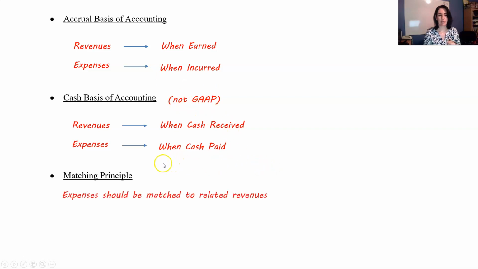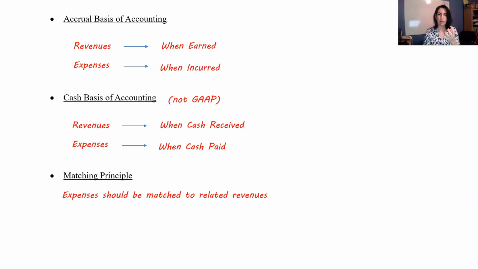The matching principle. This is an important concept. The idea of the matching principle says expenses should be matched to the related revenues. All right, so the idea is it doesn't really matter when cash is paid or when cash is received. It really is about when you earn the money. When you earn the revenue, we record expenses to match that revenue.